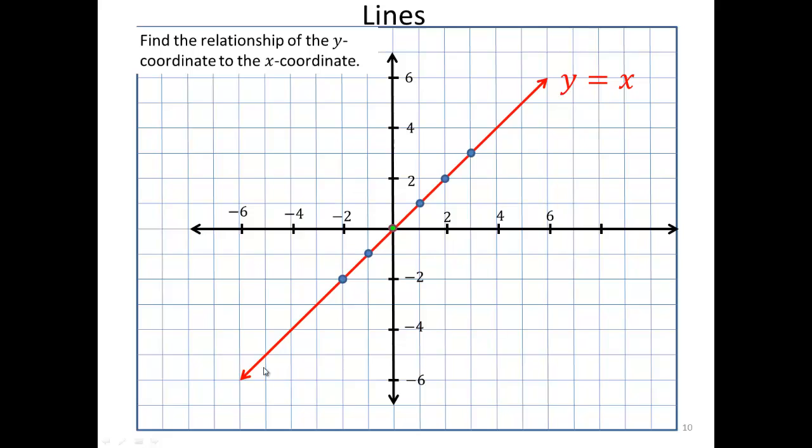Let's see if there are any other characteristics of this line and the points that are on this line. 1 up, 1 over, 1 up, 1 over. If you take a point on the line, then the only way you can move up and over back onto the line is if you go 1 up, 1 over. It doesn't matter where you start, you always go 1 up, 1 over, and you end up on the line.